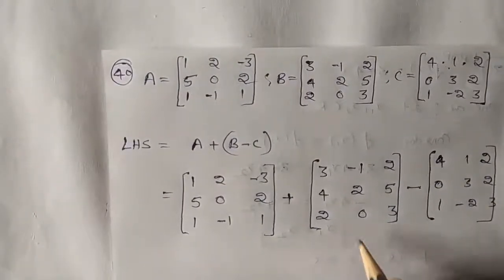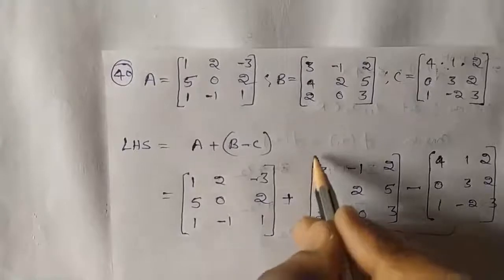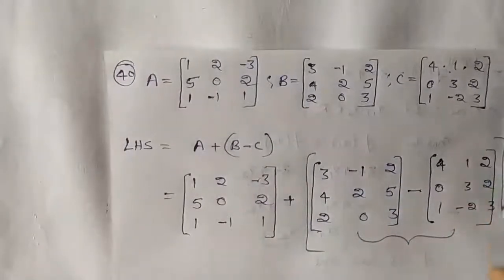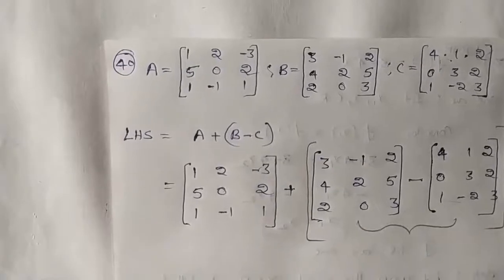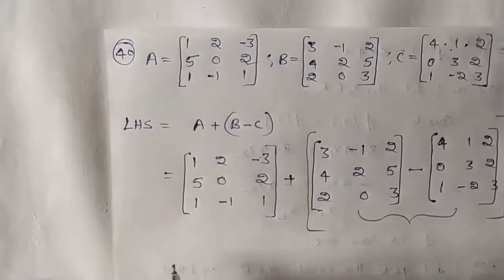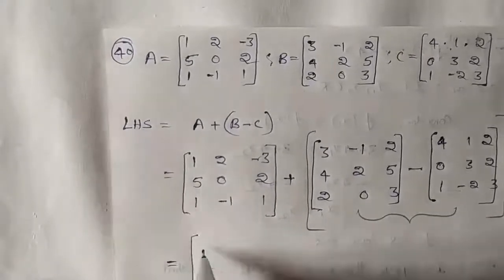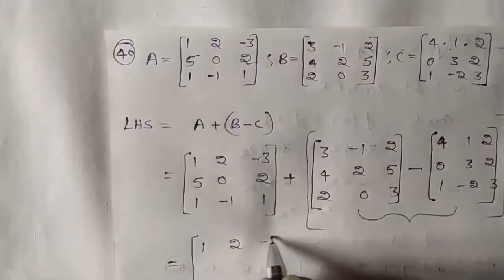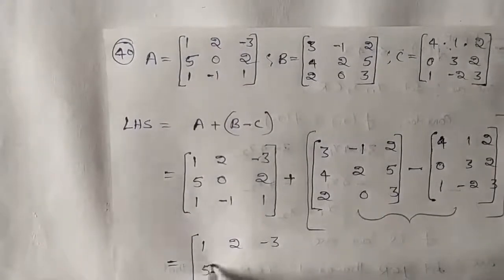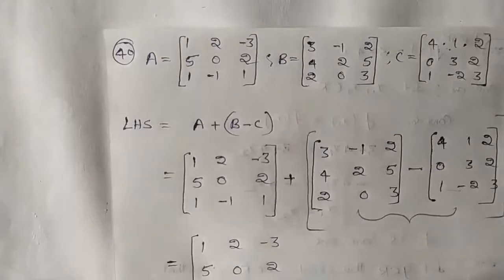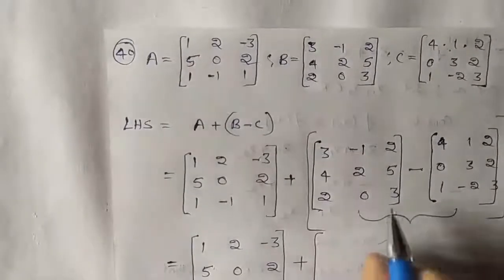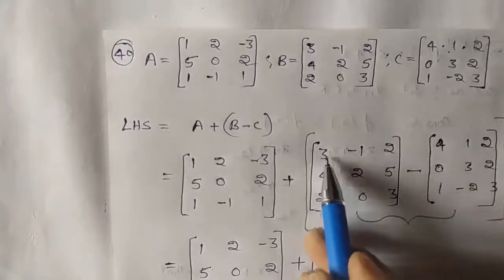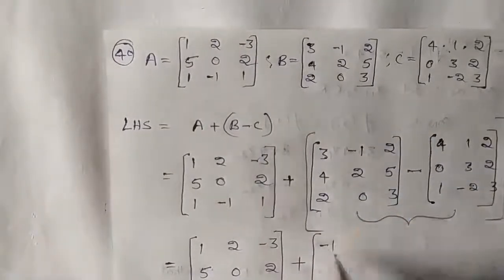So do the operation here. First B minus C. First do B minus C. After that add that matrix to A. First write the matrix A, keep it as it is: 5 0 2, 1 minus 1 plus 1. So plus 3 minus 4 is minus 1.